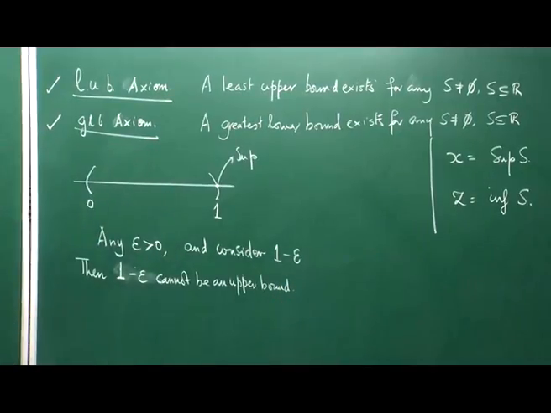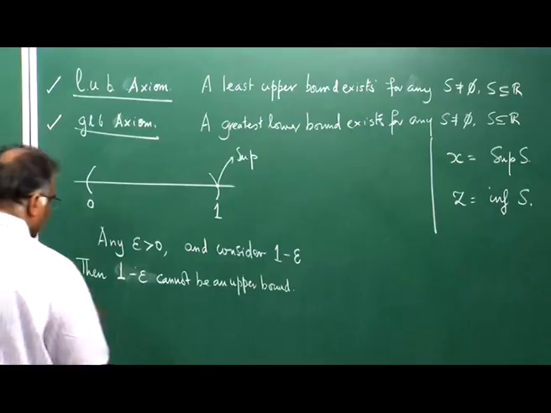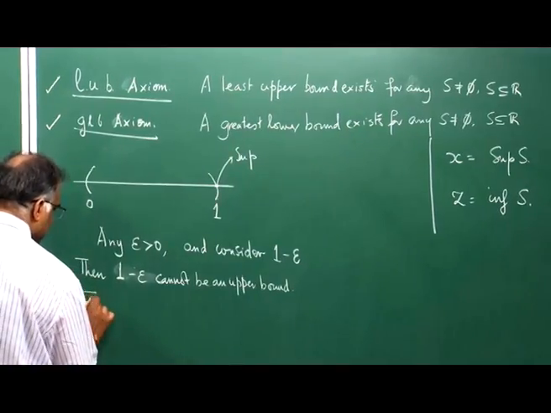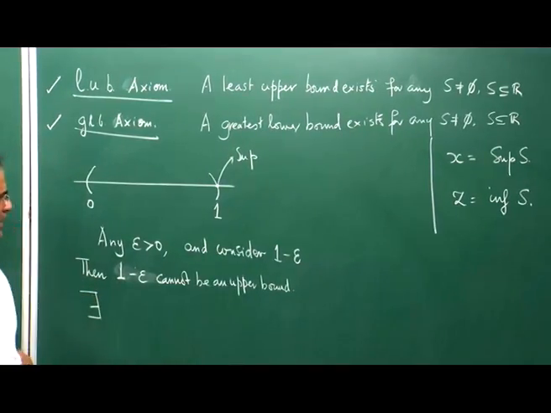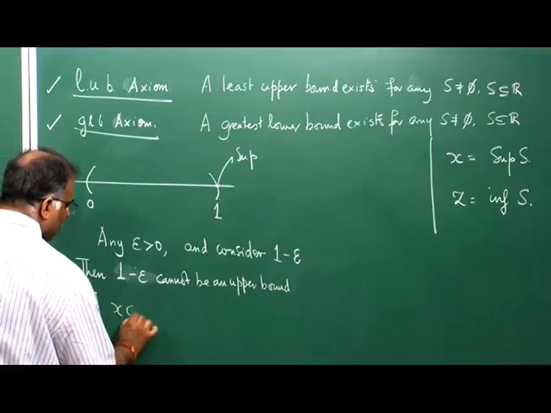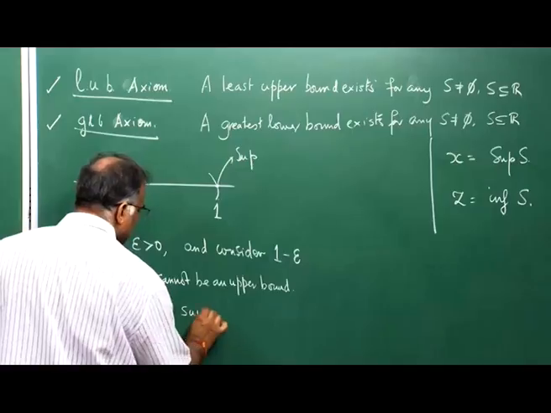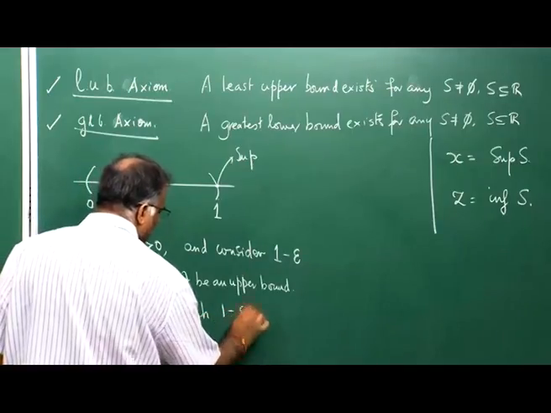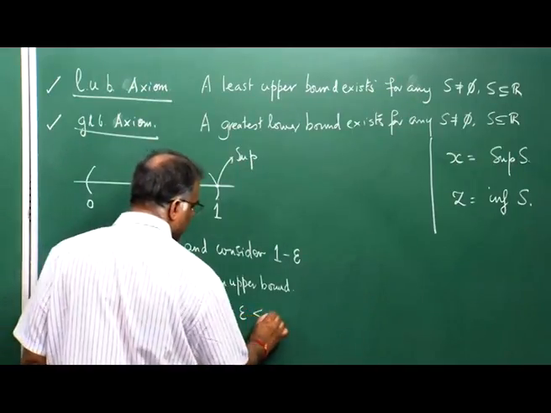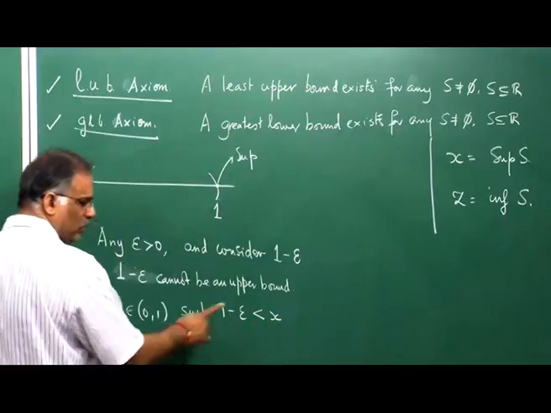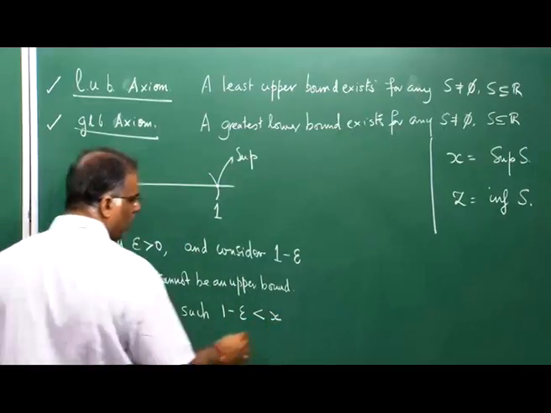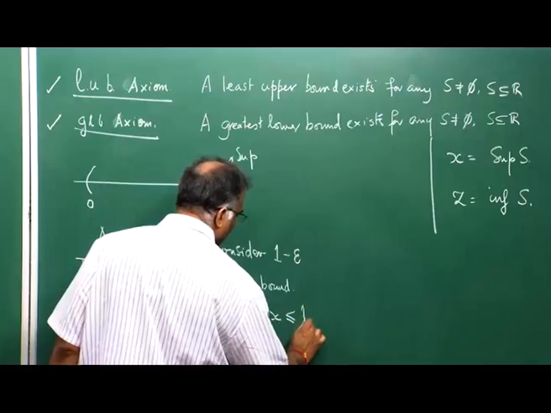If it cannot be an upper bound, what does it mean? It means that there exists x from 0 1 such that x is strictly bigger than 1 minus epsilon. So, 1 minus epsilon cannot be an upper bound and x is less than or equal to 1.